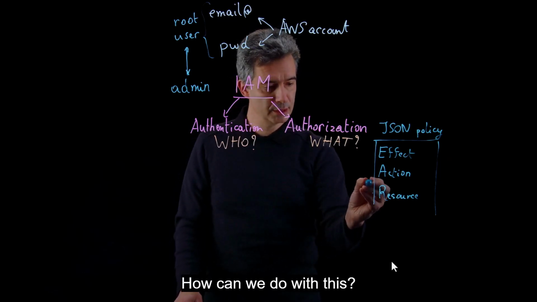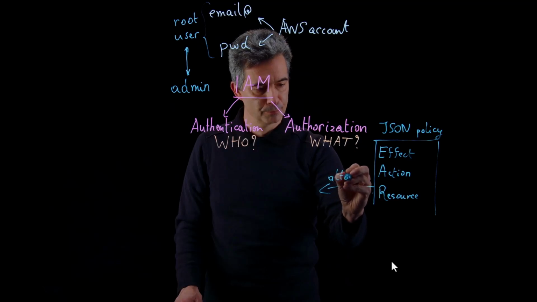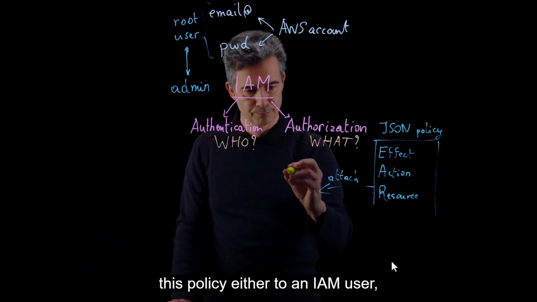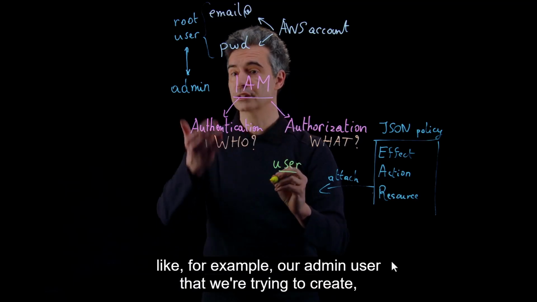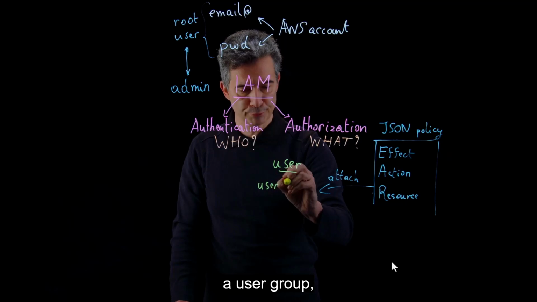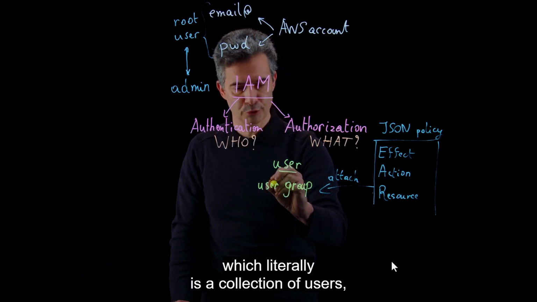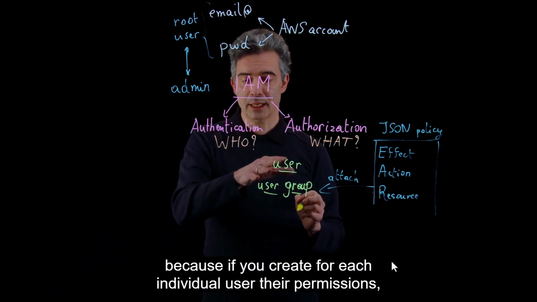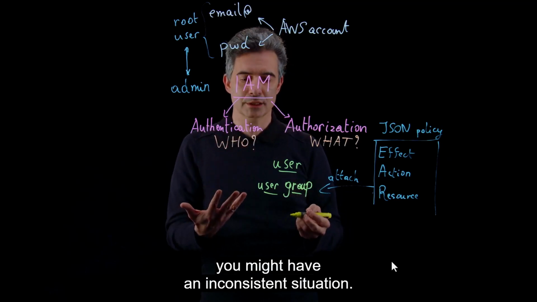How can we do with this? We can attach this policy either to an IAM user, like for example our admin user that we're trying to create, a user group, which literally is a collection of users, which we generally recommend, because if you create for each individual user their permissions, you might have an inconsistent situation.